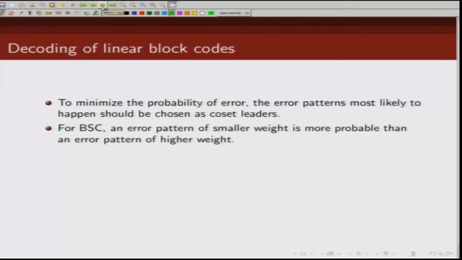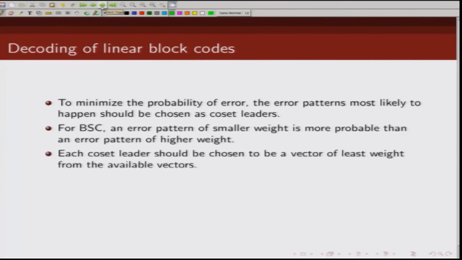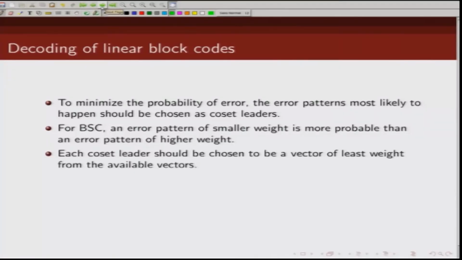If we run out of them, we start with Hamming weight 2, 3, and so on, because they are more likely error patterns. And we have shown that for a binary symmetric channel, error patterns with smaller weights are more likely than error patterns with larger Hamming weight. So, within a coset, we should choose the element which has the smallest weight as our coset leader.